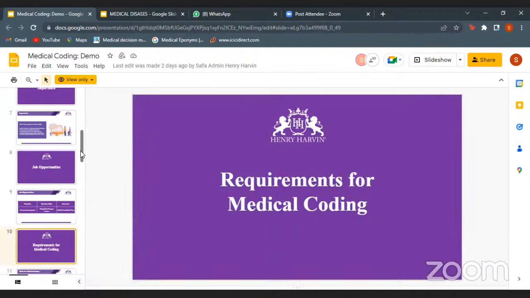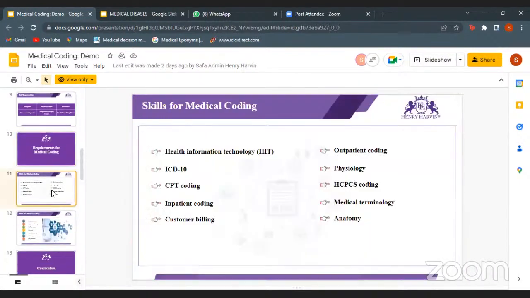Requirements for medical coding. Now what is required for medical coding? You require a thorough knowledge of health information technology. Then ICD codes, which are the diagnosis codes, and the CPT codes, which are the treatment codes. Then inpatient coding, which is slightly difficult, but of course it's a matter of mastery.